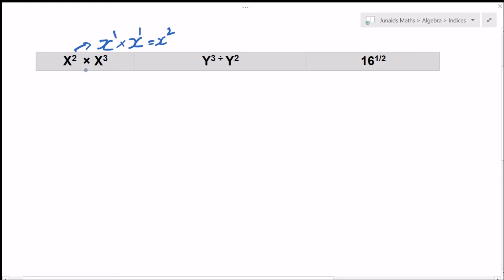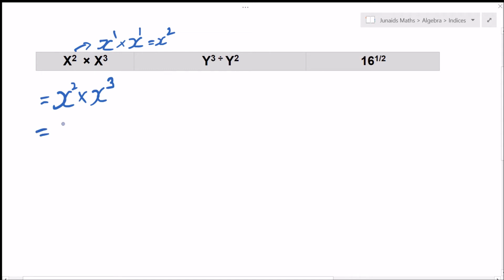Now, whenever the bases are same and you multiply them, powers just add up. So in this case, you can see the power was 2. Now, this particular question, how do we do this? You can see that it's x squared multiplied by x cubed, means both bases are same, and we are multiplying them.